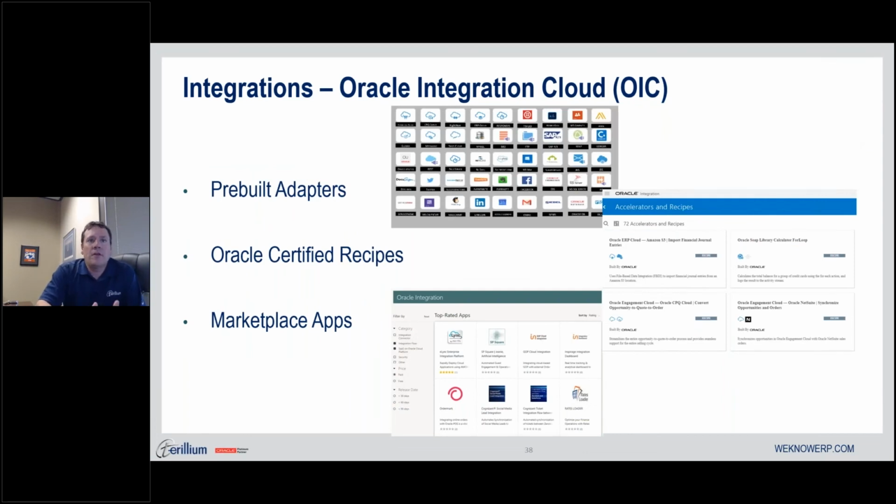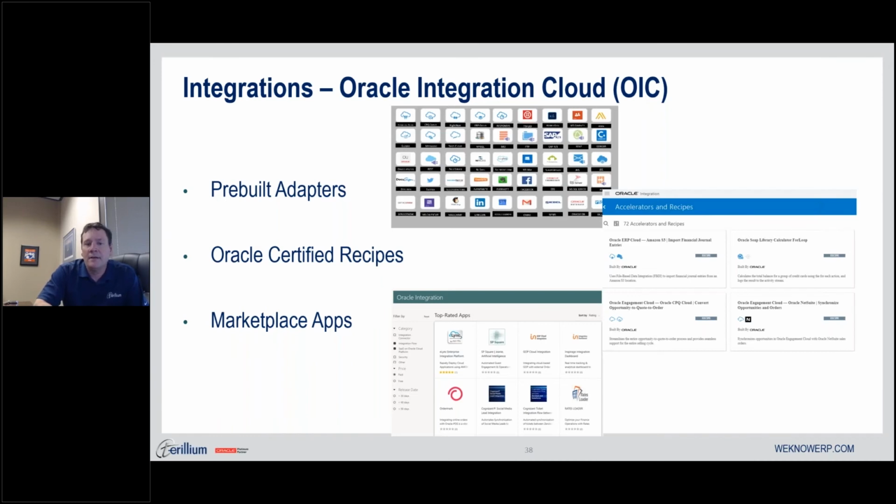Once again, there are also the pre-built adapters. As you can see here, there's a ton of pre-built adapters out there to connect to any third-party system or cloud or even JD Edwards. There are also pre-built certified recipes from Oracle. Now these can be used out of the box. You can just set them up and go, or you can use them as the building block for an integration that may not come in a recipe. So once again, you're scaling down your development time.